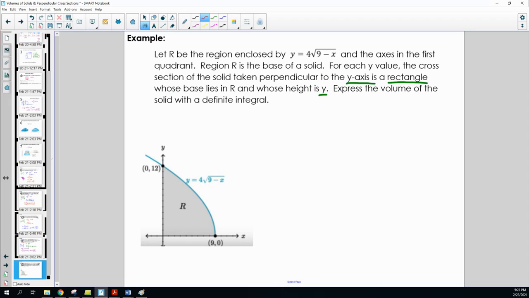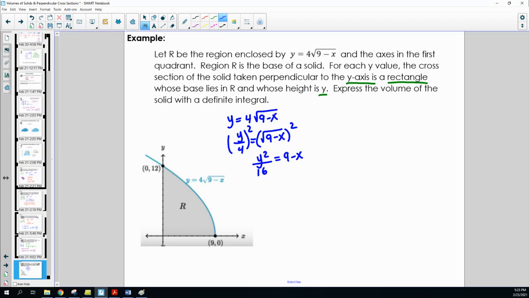So the first thing that we're going to have to do is change the function. So we have y equals 4 square root of 9 minus x, but we need to change it and solve it for x because we need it to be in terms of y. So the first thing I'm going to do is divide by 4. So y over 4 is equal to the square root of 9 minus x. I'm going to square both sides. So I'm going to get y squared over 16 equals 9 minus x.